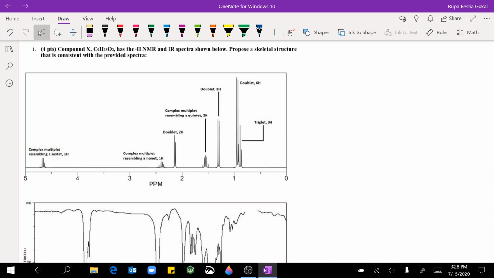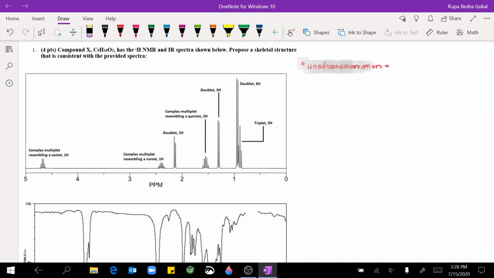Okay, so the first thing that I would do, given a molecular formula, is to calculate the degrees of unsaturation. Degrees of unsaturation is equal to the number of carbons minus 1/2 of anything that bonds one time, so that's your hydrogens and your halogens, plus 1/2 of anything that bonds 3 times.